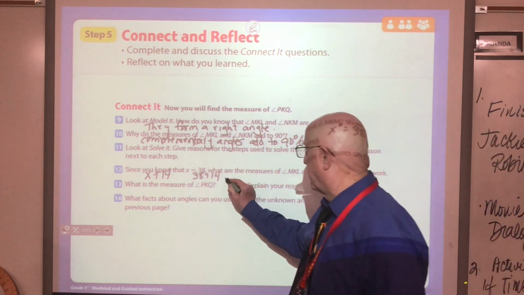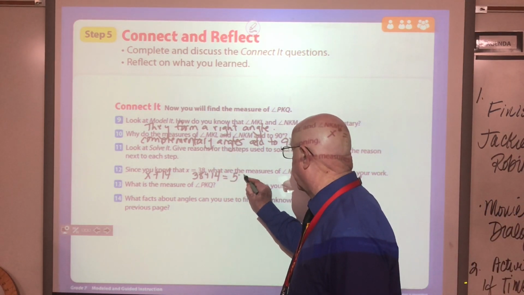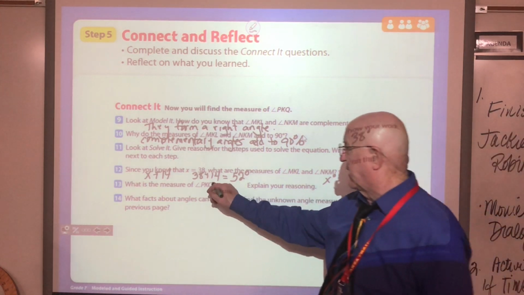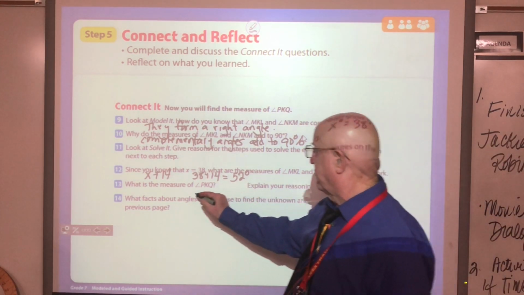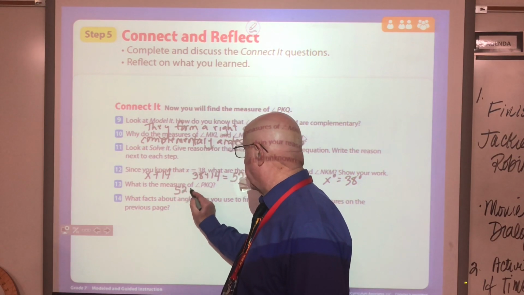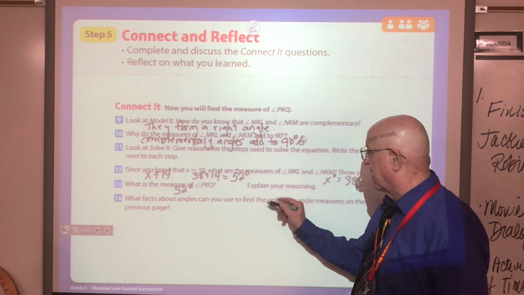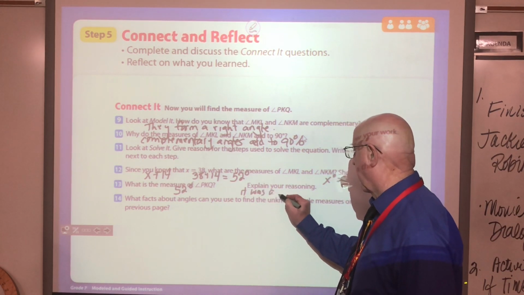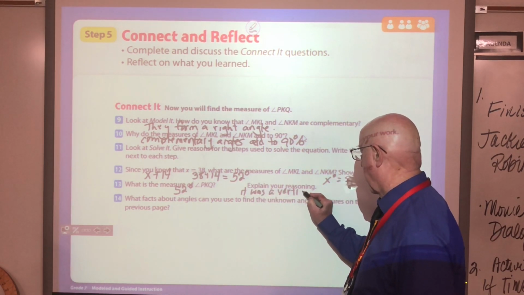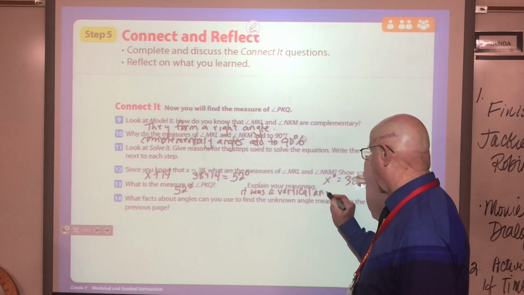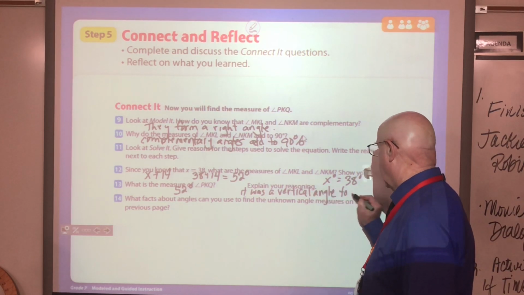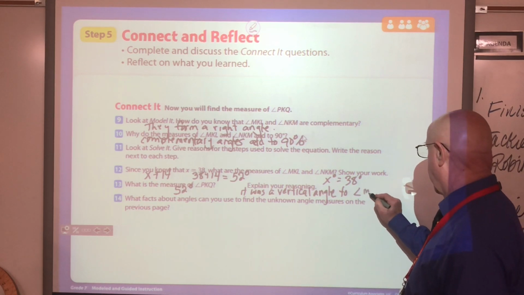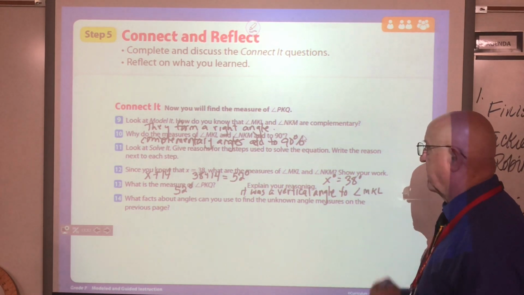So 38 plus 14 was equal to 52 degrees. And the measure of PKQ was also 52 degrees because it was a vertical angle to angle MKL.